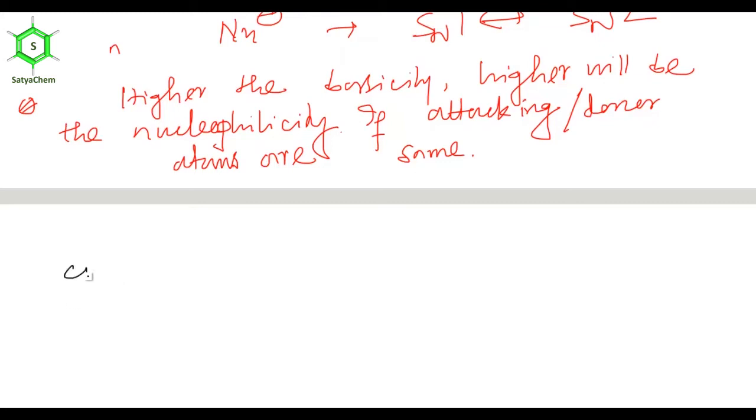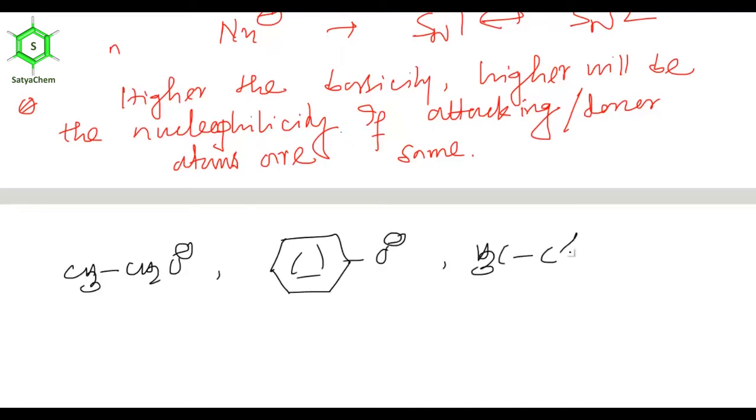Thus, CH3CH2O minus, PhO minus, H3C acetate ion, this is phenoxide ion, and nitrate ion.